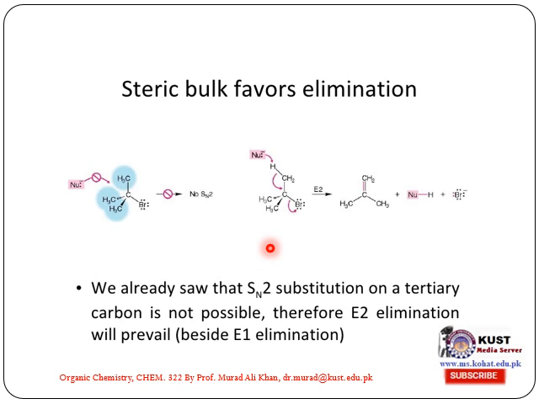So therefore the only choice remaining is the E2 elimination. But along with the E2 elimination, the E1 elimination is also possible in the presence of tertiary carbons or tertiary compounds.